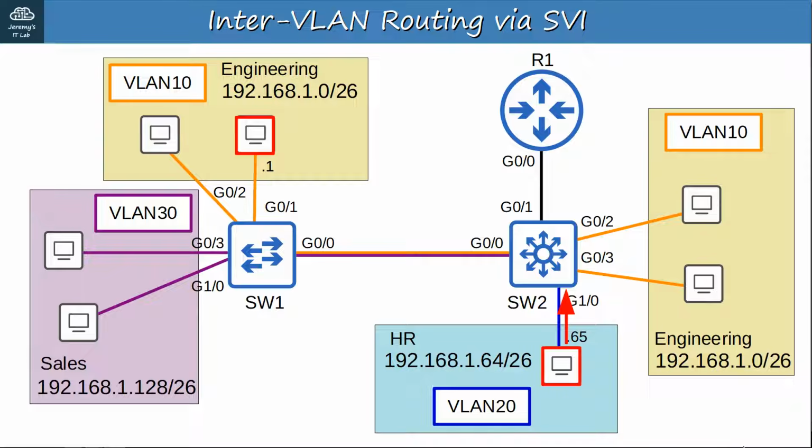From the PC to switch 2, from switch 2 to R1, tagged in VLAN 20, from R1 to switch 2, tagged in VLAN 10, from switch 2 to switch 1, tagged in VLAN 10, and finally to the destination. However, switch 2 is a multi-layer switch. It doesn't have to send the traffic to R1 for inter-VLAN routing. It can do that with something called switch virtual interfaces.